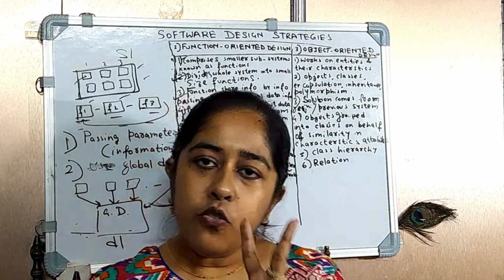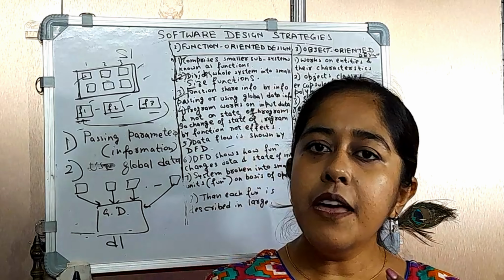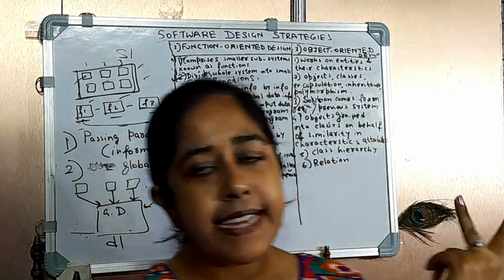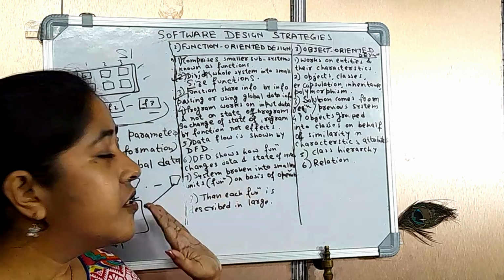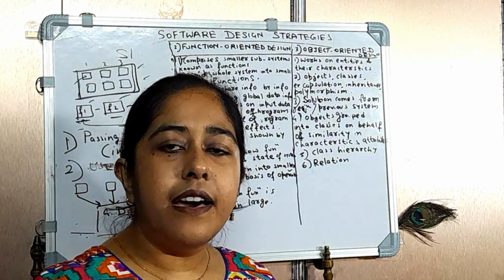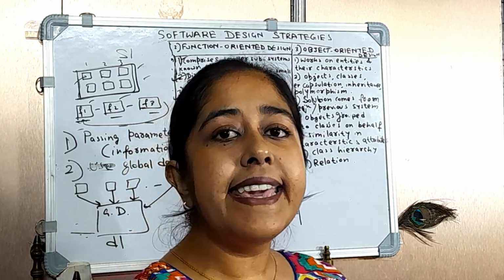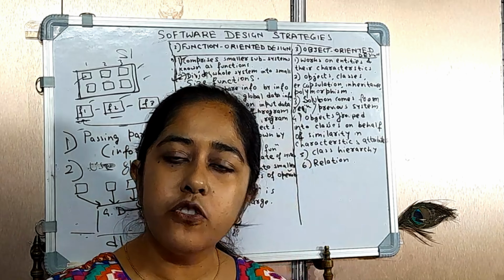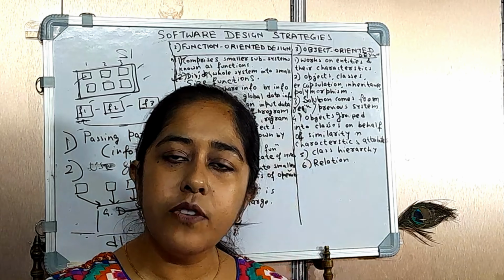So two things they can do. First, they can interchange the data between them. Or second, they can get the data using the global data. Global data has all kinds of data, and every function has the authorization to access it, so they can easily get the information from it.